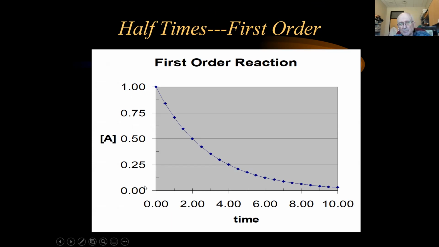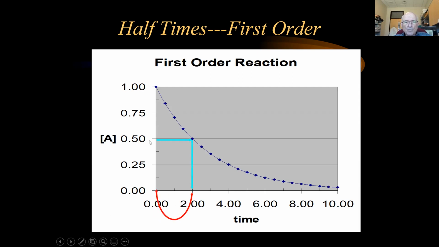And we could perhaps go to 0. And this is time along this axis. I don't have units on it, but it could be minutes or seconds or hours or whatever. But now let's look at the idea of a halftime. To go from 1 to 0.5, in this particular case, took 2 minutes, let's say, 2 units of time.